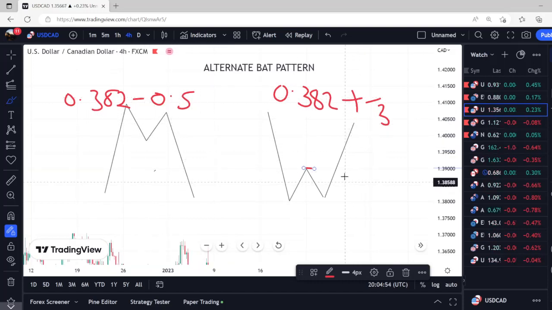Then the C to D leg measurement is also a different measurement. For example, for the bat pattern, the D leg where we're looking to buy is at 0.886.